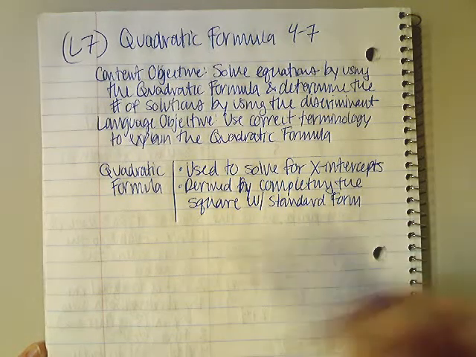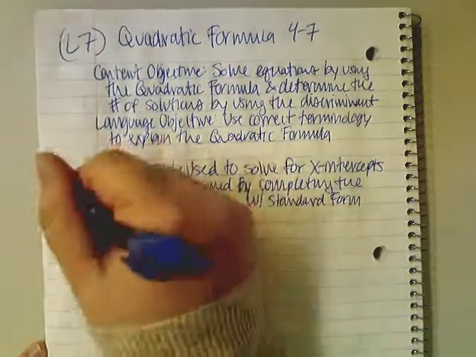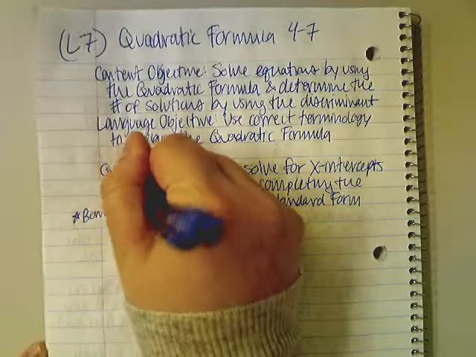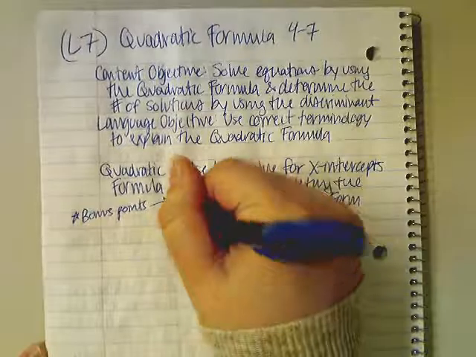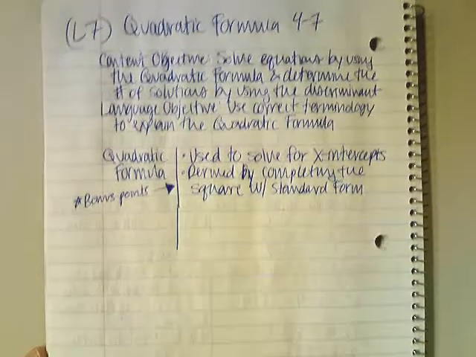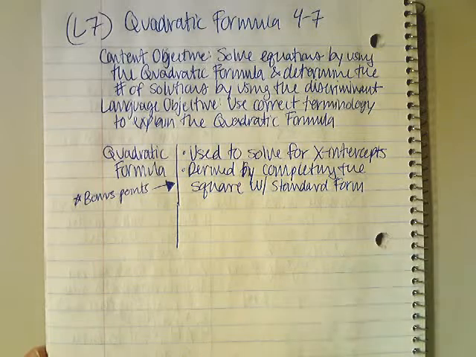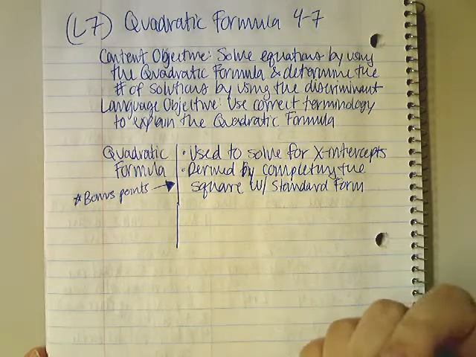Plug in 0 for y and then solve out for x. So if you want to try that, put a little star here, bonus points. If you are able to do that, I can show you in class if you are so interested. I think it's a really cool process, and I think you can do it on your own if you are comfortable completing the square. So I'd encourage you to try it on your own. But for the sake of time, I'm not going to do this in our notes.